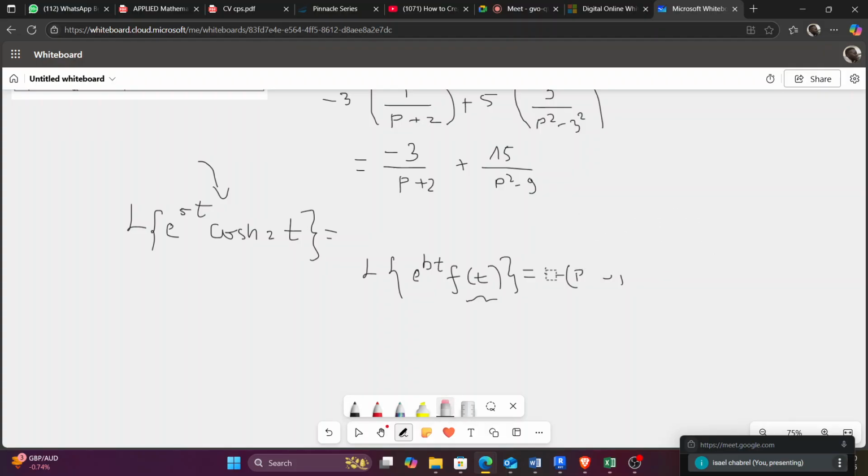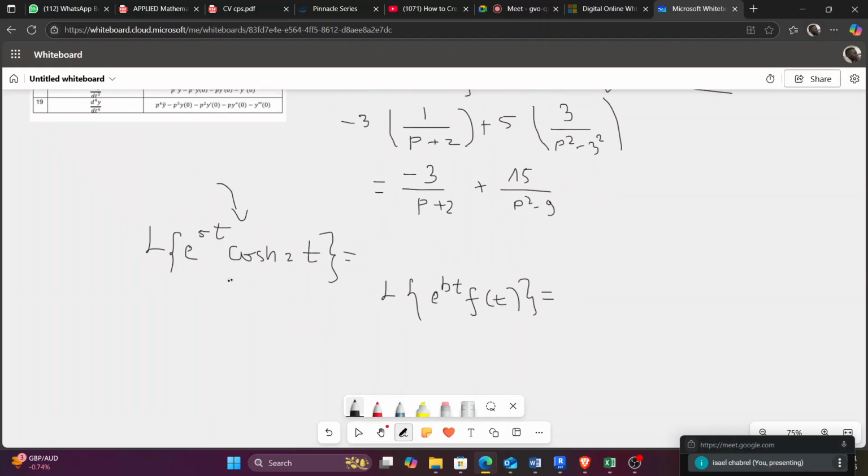Can I ask something? Yes. So is it always going to be mentioned to solve this using the first translation property, or do you have to understand that if the equation has an exponent and there is another function next to it, then you need to use the first property? To answer your question in an understanding way: once you have this and this, you know that you can solve this using the translation property.